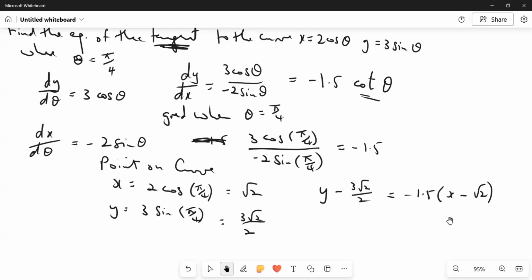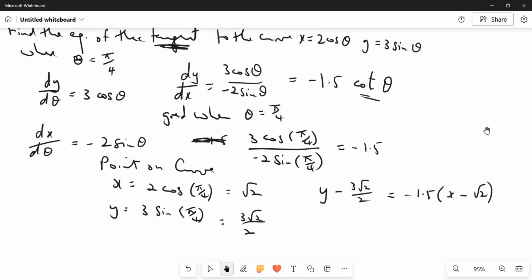You can leave it like that, or you can do some simplification, though you'll have a lot of horrible decimals. Minus 1.5 is 3 over 2. You may or may not be able to simplify this and make it look nicer, but that's your tangent equation there.